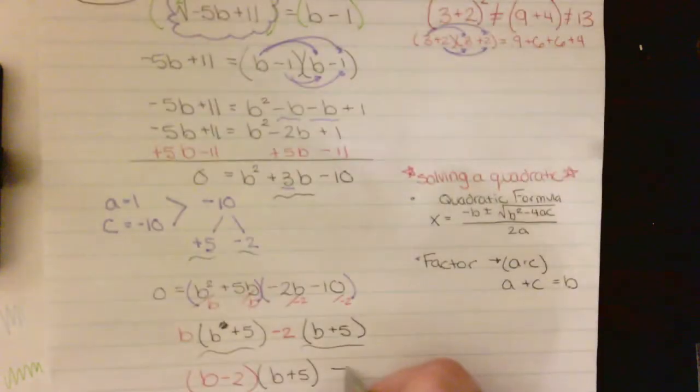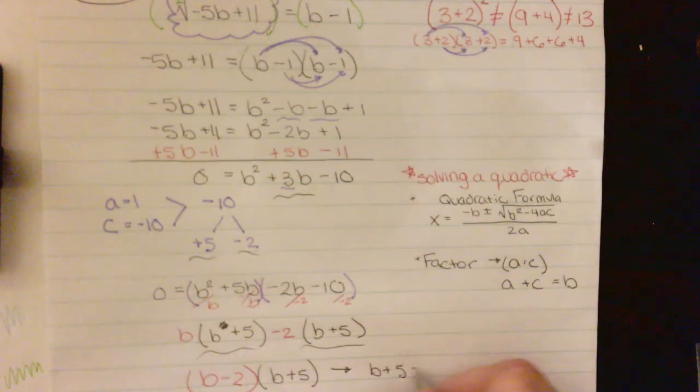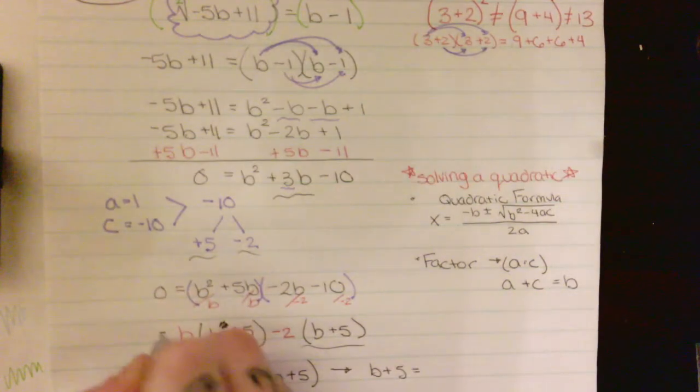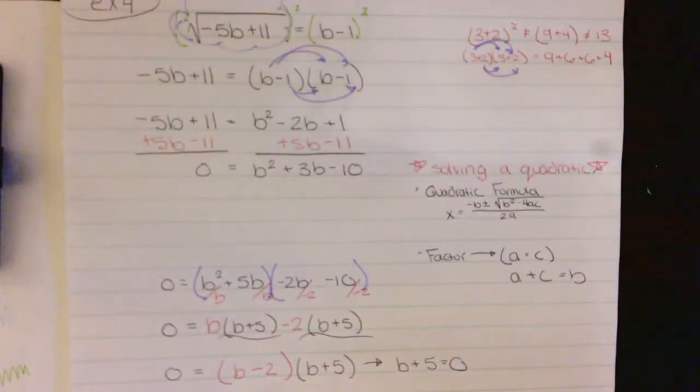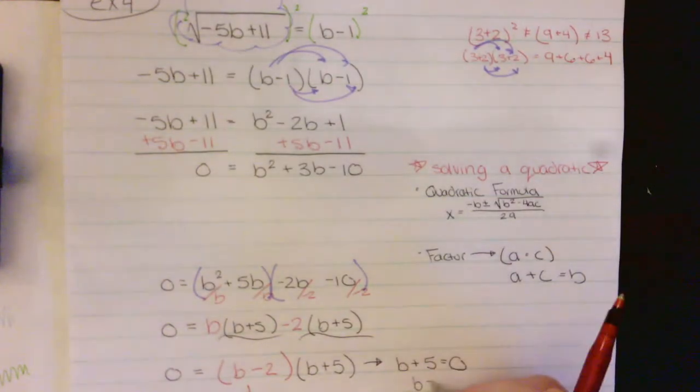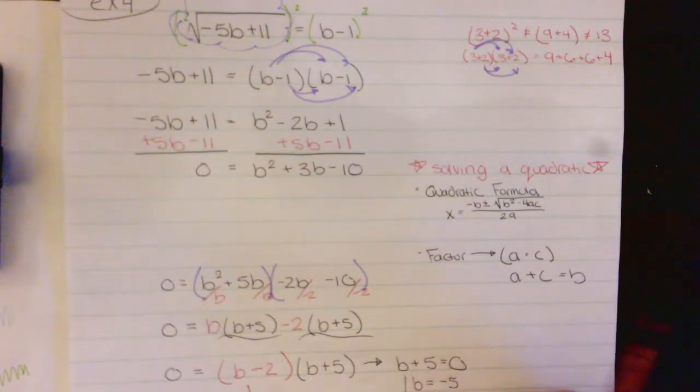So now I've got b plus 5 equals 0. And over here I've got b minus 2 equals 0. So I have b equals 2 for one answer. B equals negative 5 for two answers.